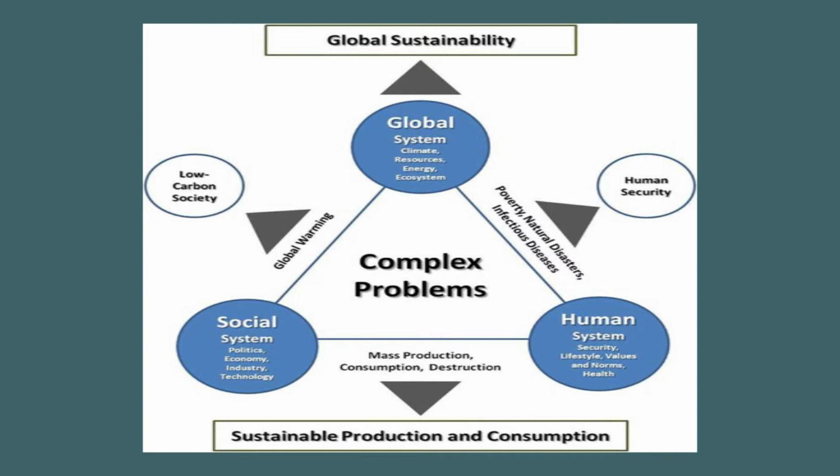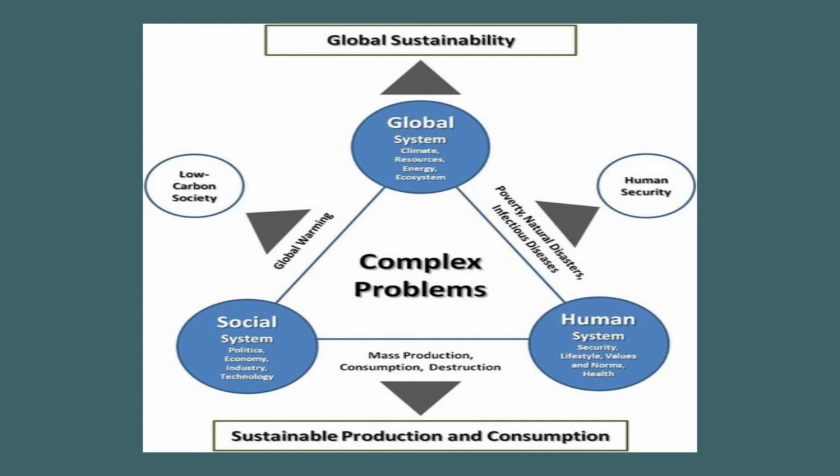Because of this social system, they directly affect the environment, that is, the global system we discussed: climate, natural resources, energy, ecosystem, etc. That directly leads to different impacts, like global warming, the ozone hole, and many more issues.